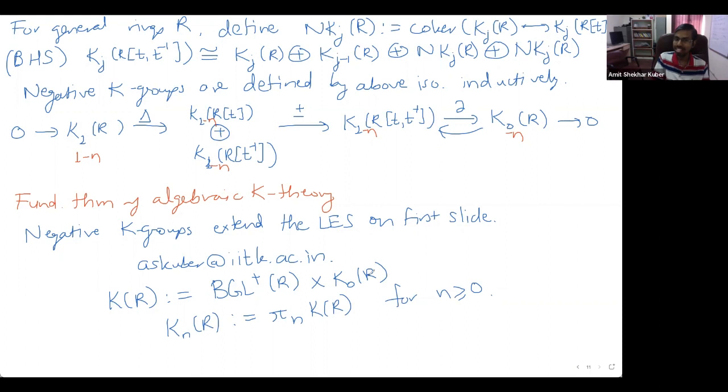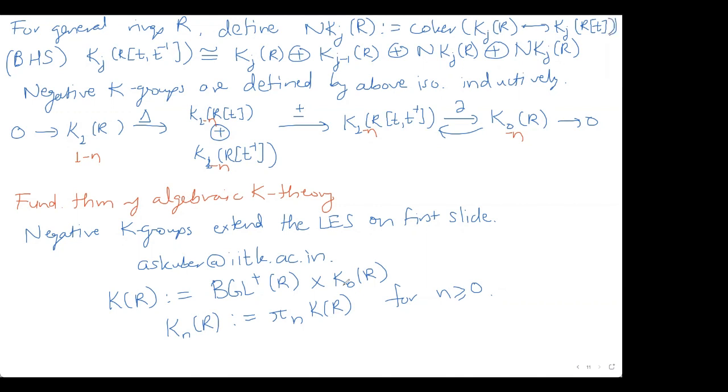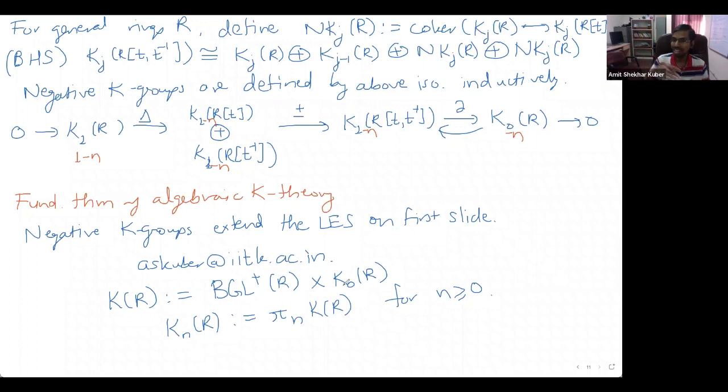It agreed with 0 because this is a connected space, and K0 you are artificially adding. Pi 0 is simply the set of connected components. It generally only has a monoidal structure if it is an H space, but because K0 R is a group itself, it also gets an abelian group structure.